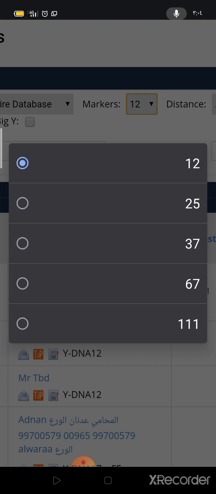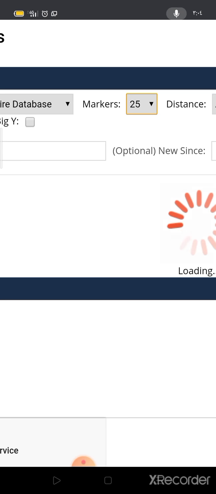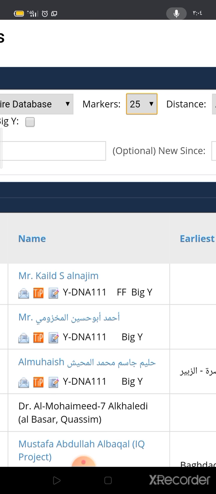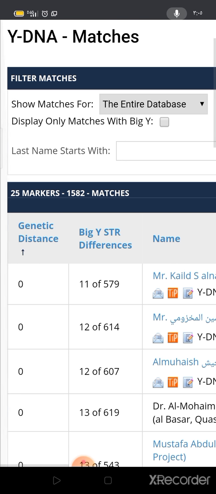Okay, there is also another level, 25. That means more markers have been tested than in 12. This is more than 12 markers. So here you will see the number of matches has been reduced, because the comparison here is increasing on the level.